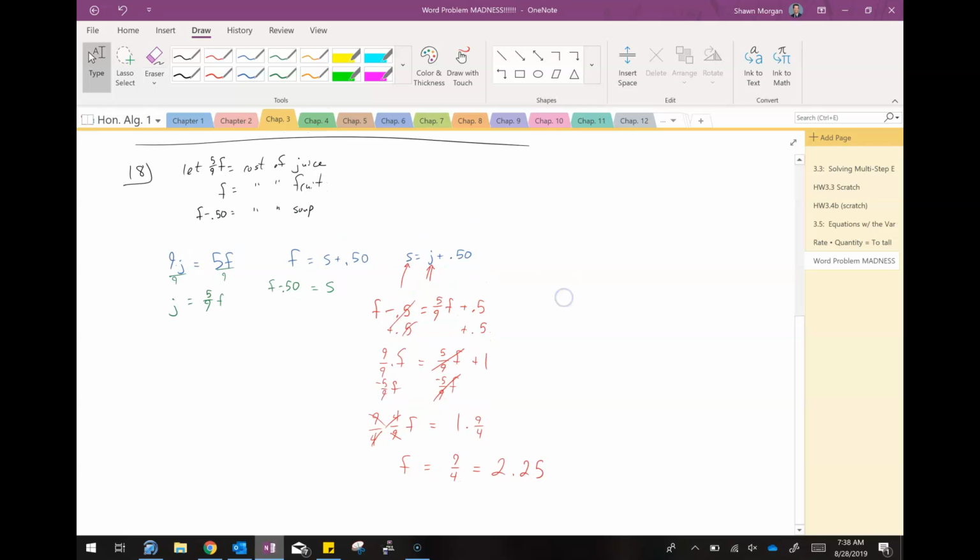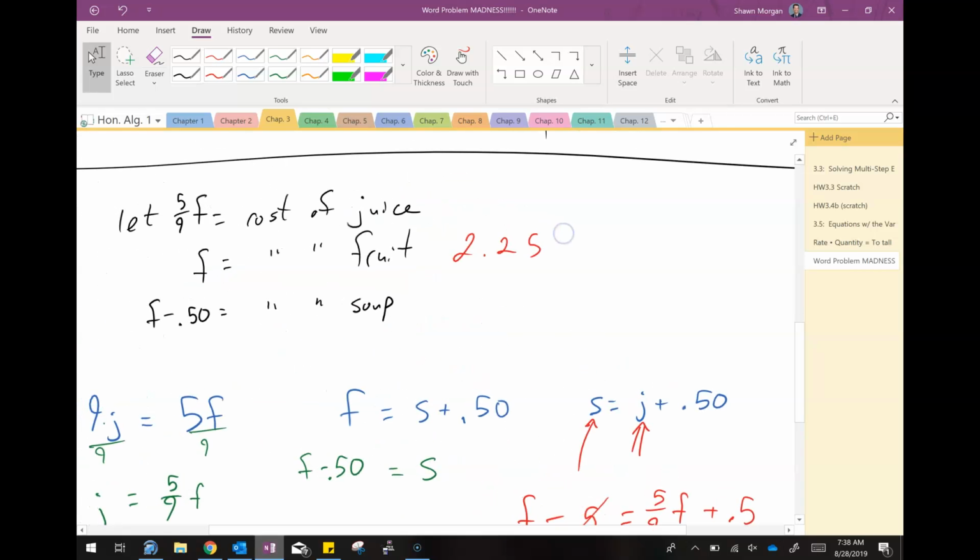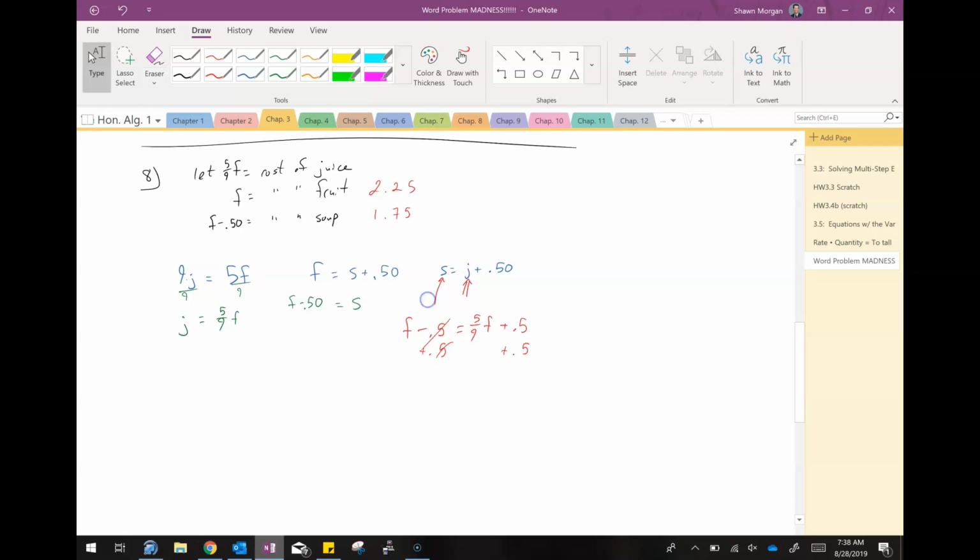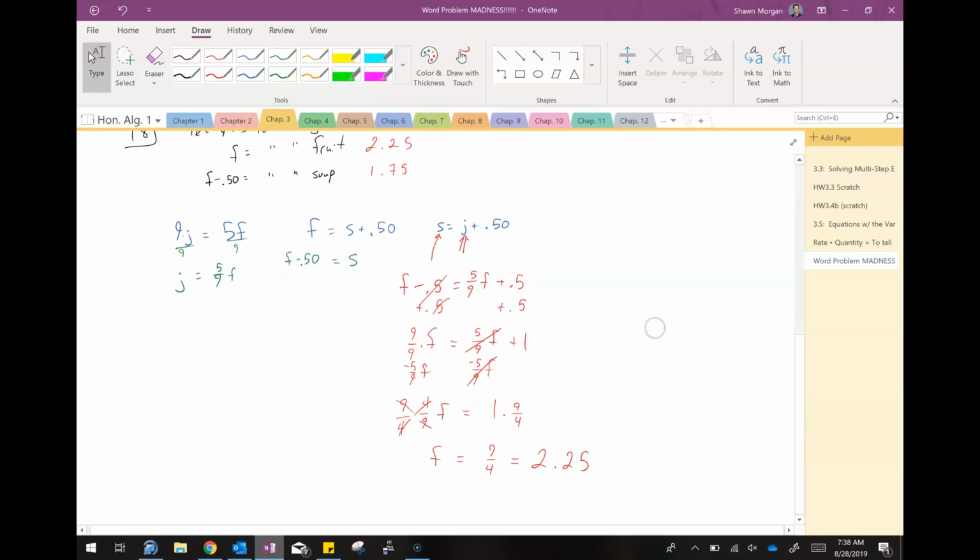But if the fruit cup costs $2.25, how much does the soup cost? Look up there at the top. $1.75. $1.75 because it's 50 cents less. And then 5/9 of that, well, I would have to think about the juice being 5/9 of whatever F is.